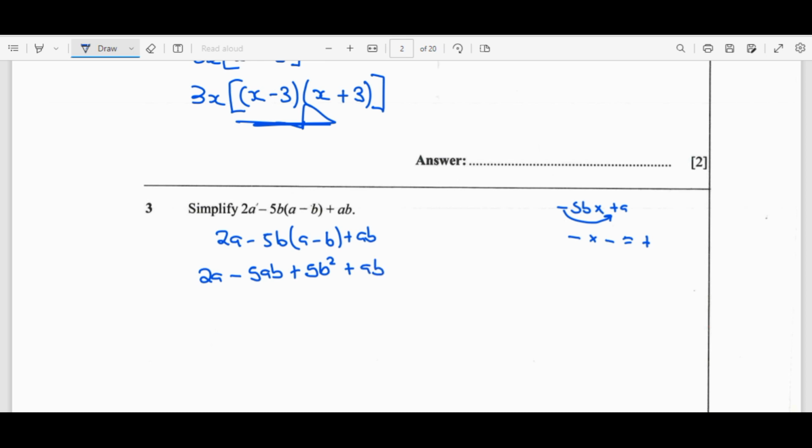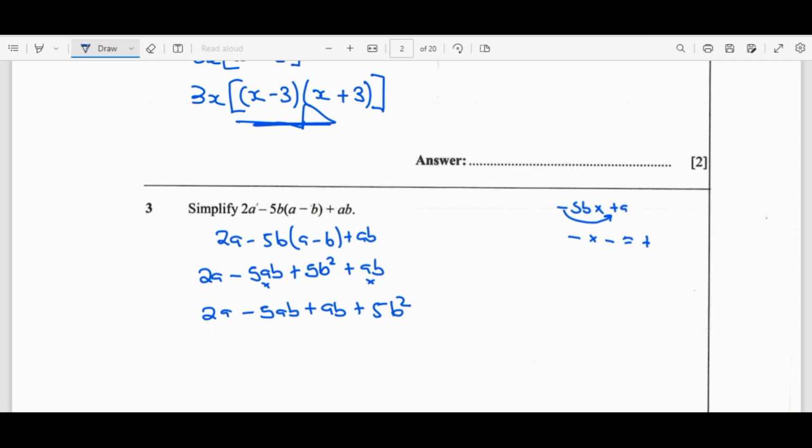When you reach here, you're going to collect and identify like terms. In this case, we have that one ab, and then also we have ab there. So these are like terms. We're going to arrange them. So we'd say 2a minus 5ab plus ab plus 5b squared. In this case, what are you going to do?